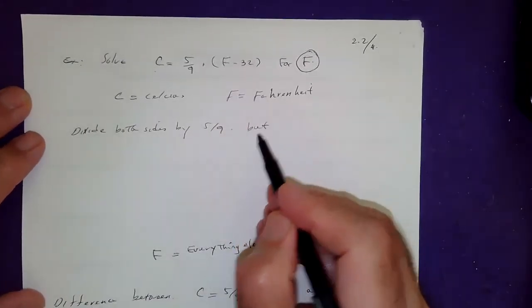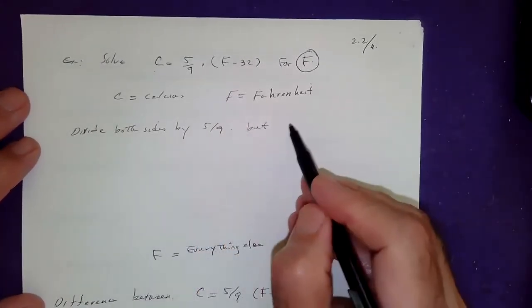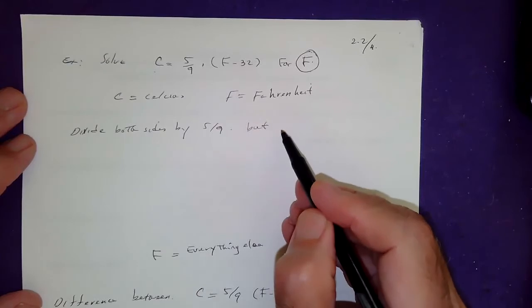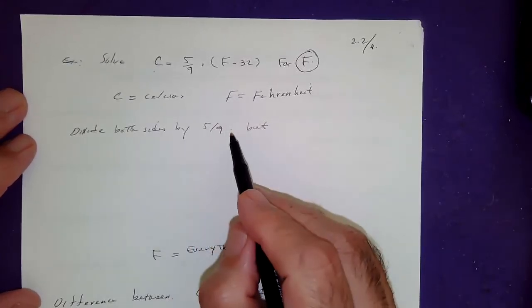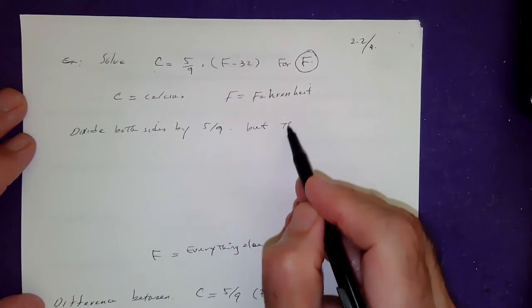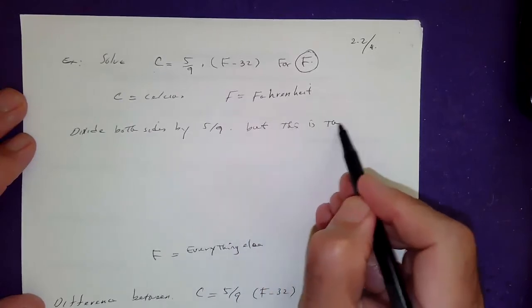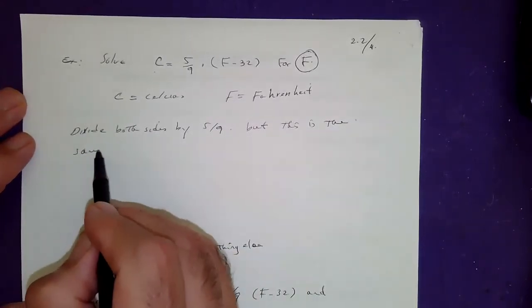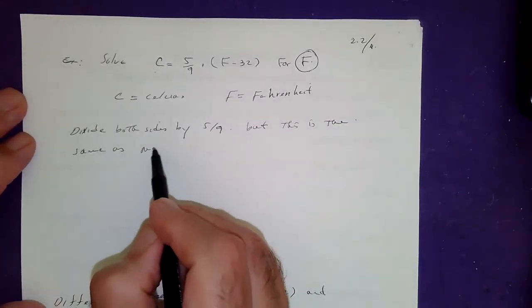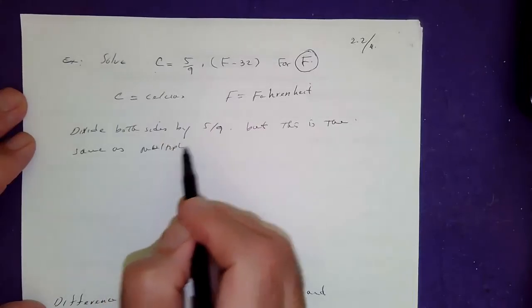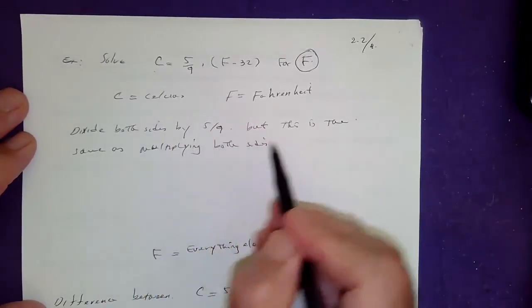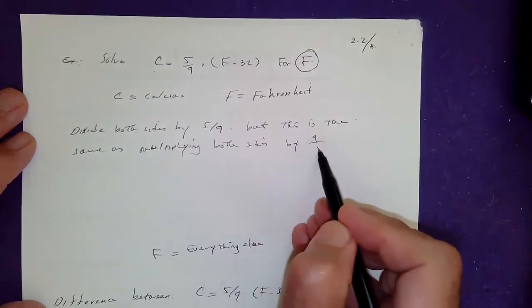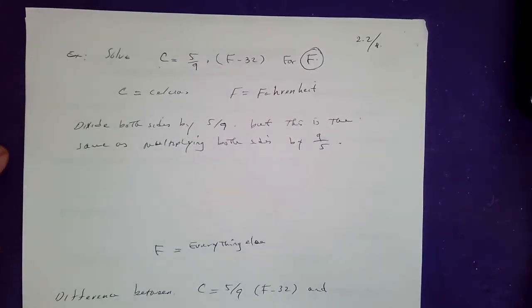But when you divide a number by a fraction, that's exactly the same as multiplying both sides by the reciprocal of that fraction. Both sides by the reciprocal of that fraction, which is 9 over 5.